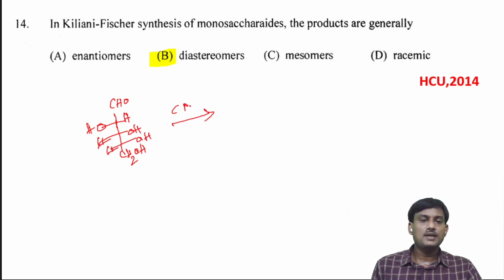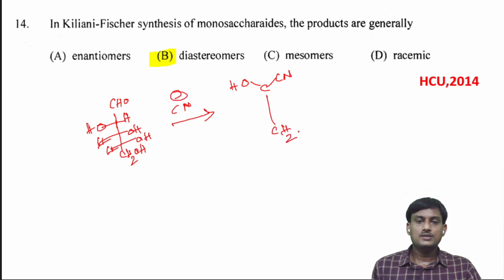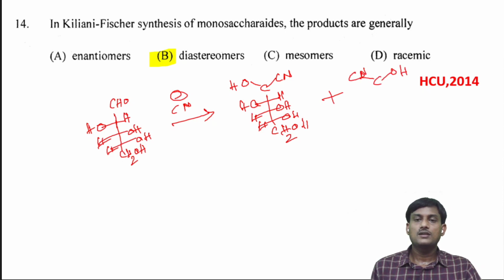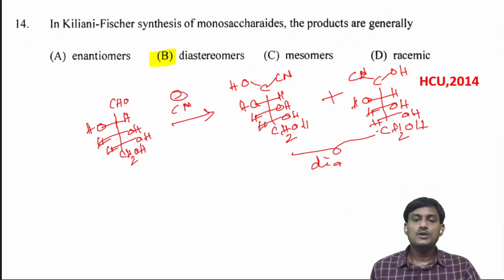When you treat with CN minus first, there is a formation of OH and CN, and we will get two products. Here we are getting two diastereomers. There is a change in configuration at one center. So what is the relation between these two? These two are diastereomers.